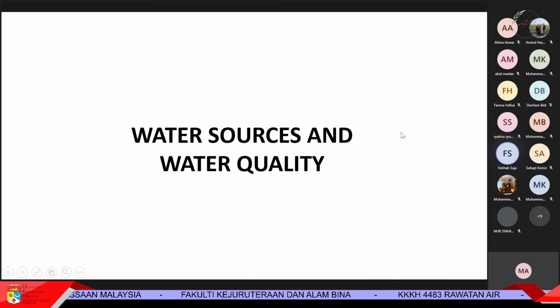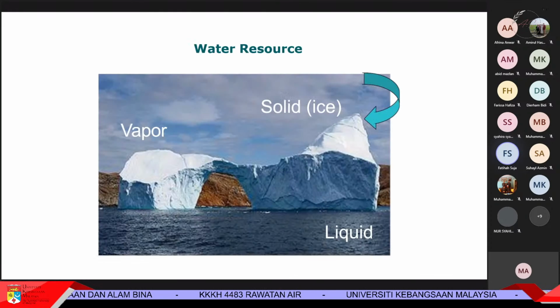Okay, so this is all about water. Water is a common chemical substance, and you know that it is essential for the survival of all known forms of life. Water refers only to its liquid form.